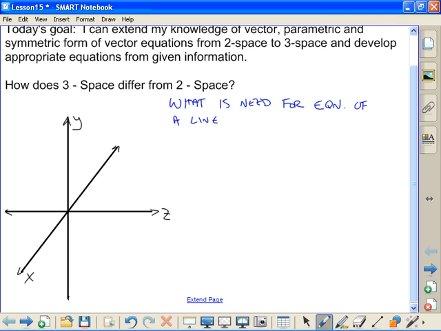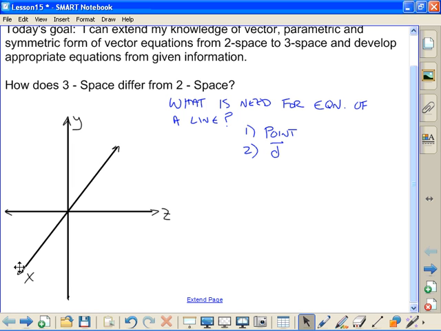And if you're reading this, you're thinking, well, he's claiming it's very, very similar. I'm extending my knowledge from 2-space, so it should be very similar. And you'd be absolutely correct. You need a point, and you need, before we said slope, but it's actually a direction vector. Those are the two things we need.